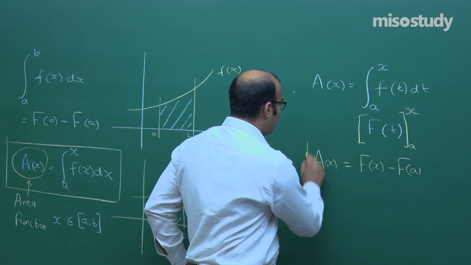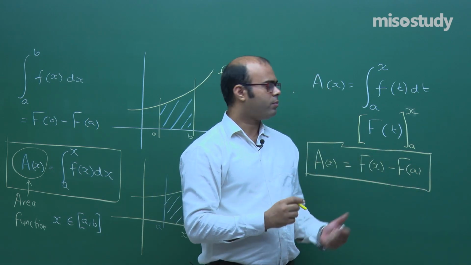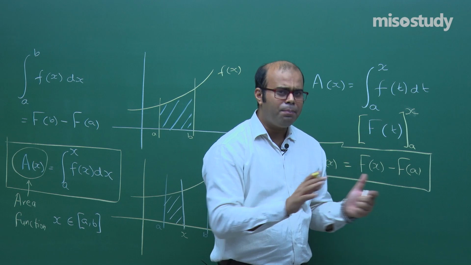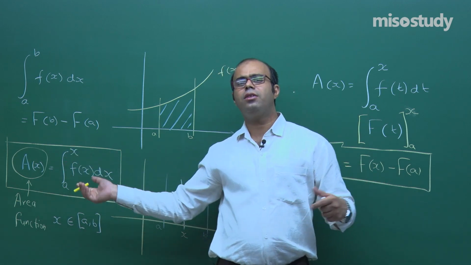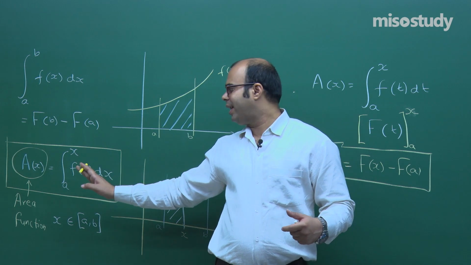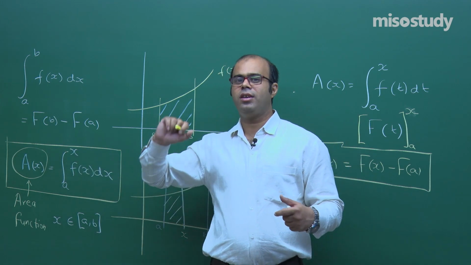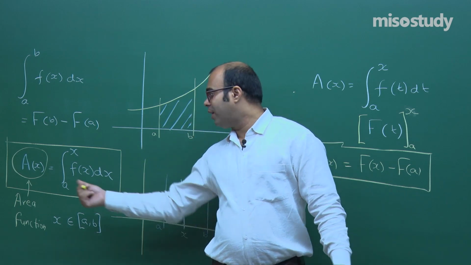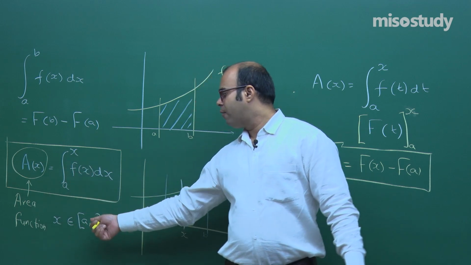Finally t does not come into the picture. So instead of taking x both ways, we take another variable of integration, and this x is the variable whose function is the area function, and this x belongs from a to b.